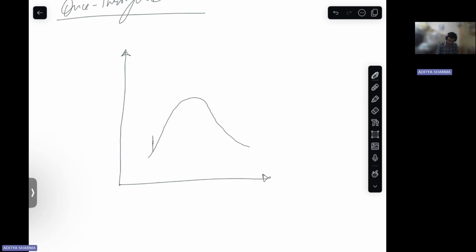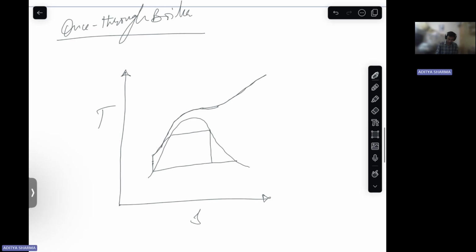So TS diagram is something like this. One case is where you move like this, and one case is where there is no intermediate state, right? So this is your once through type of boiler.